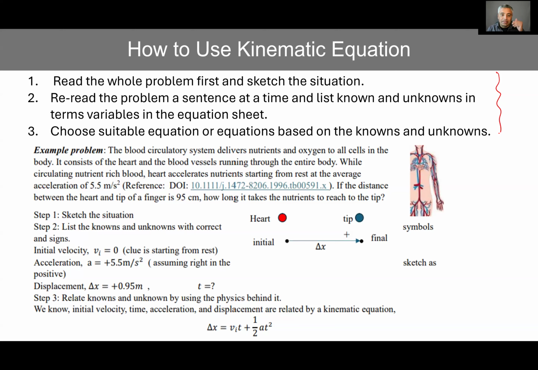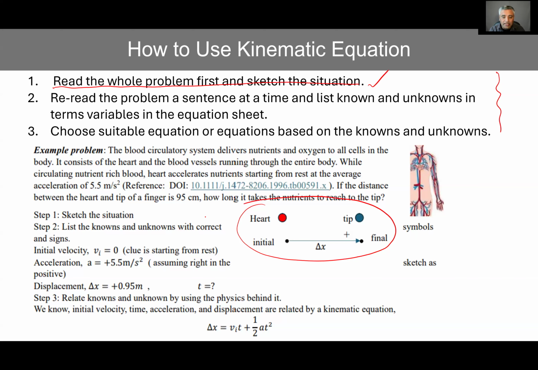We haven't talked about dynamics or energy and so on. So the only thing you're going to be using for now is kinematic equation. But once we cover all those things, then it becomes a little bit harder to choose which concept to use. And reading the whole problem once helps you to determine what the physical concepts are, okay?